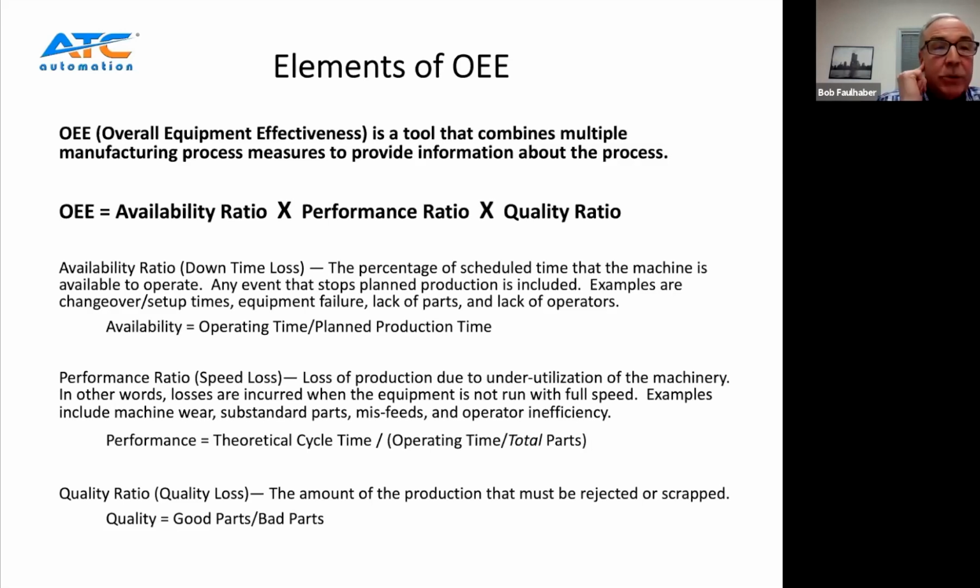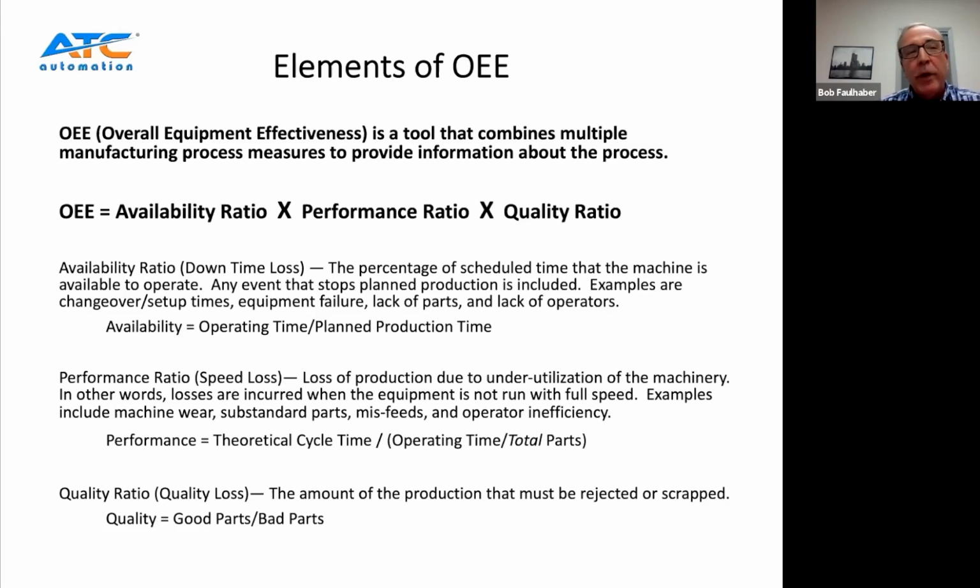Some examples of these would be, and this is an interesting one, changeover and setup times. Typically a changeover or a setup is included as a planned event, because all of our customers will plan when we have to shift over to another product type. So they'll allocate specific time.